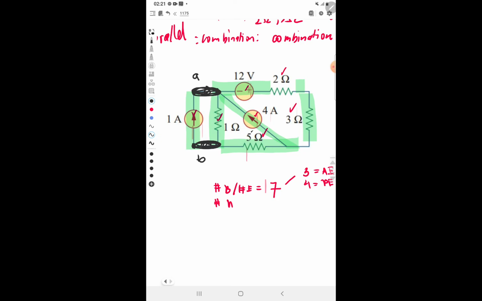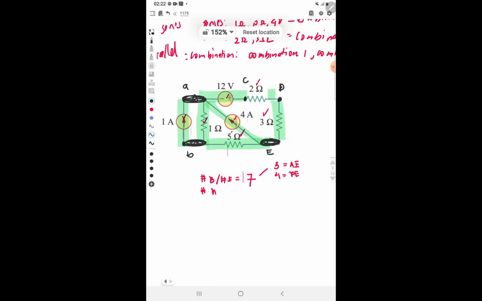Next, you can see that this is our node C. Another node D. And our node E. Okay. So from that, we have 1, 2, 3, 4, 5 nodes.